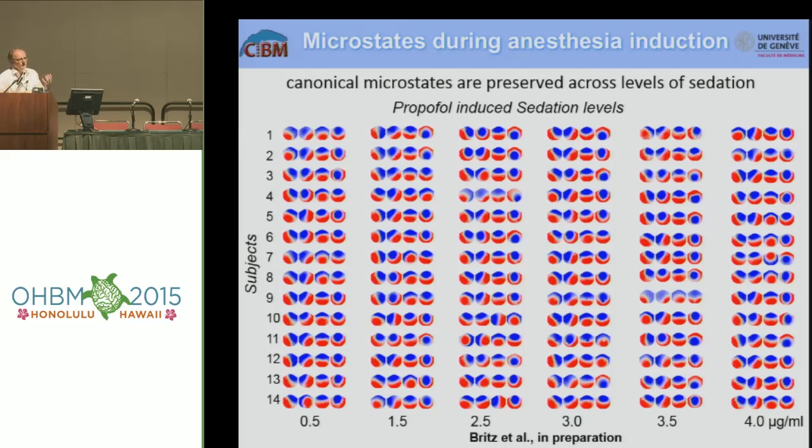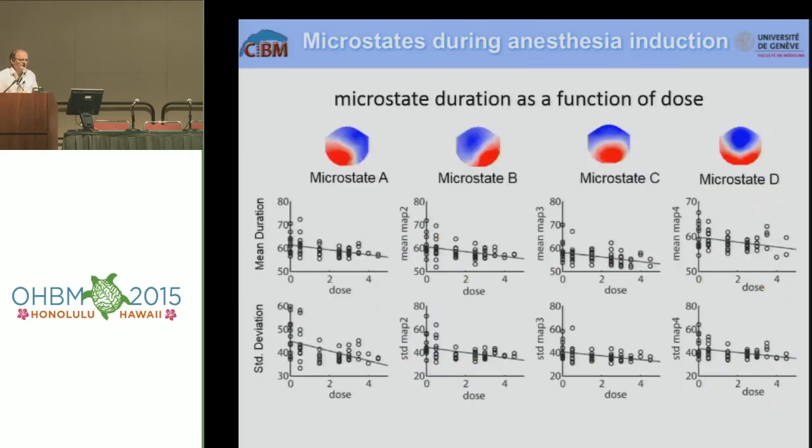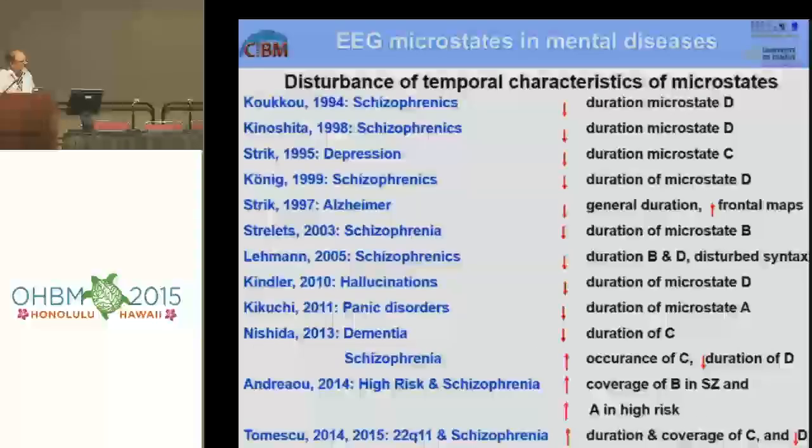So the spatial configuration of the topographies does not change drastically, but what changes again is the temporal dynamics. In this case, unlike in sleep, you do not increase the microstate duration, but you decrease the duration in all of them. All of them showed a significant decrease. So going into anesthesia does not mean the same as going to sleep, which is obvious, but it is here defined with one of these parameters.